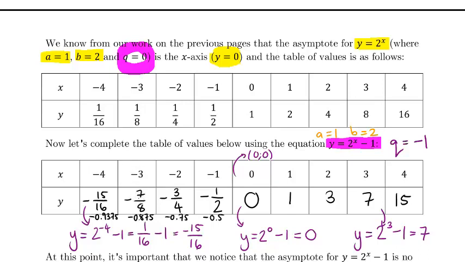And now, let me first address you smarty pantsers out there who may have noticed the connection between y is equal to 2 to the x, where q was just equal to 0, versus y is equal to 2 to the x minus 1. Now, please notice that every single time, guys, we calculated the y values starting in the same way. We had to take 2 and put it to the power of the x value.